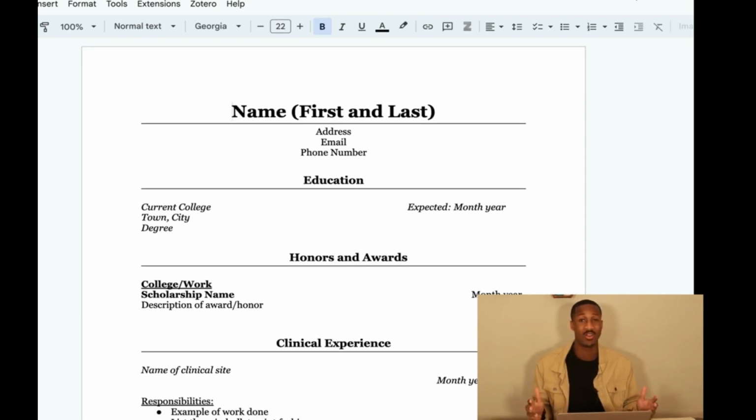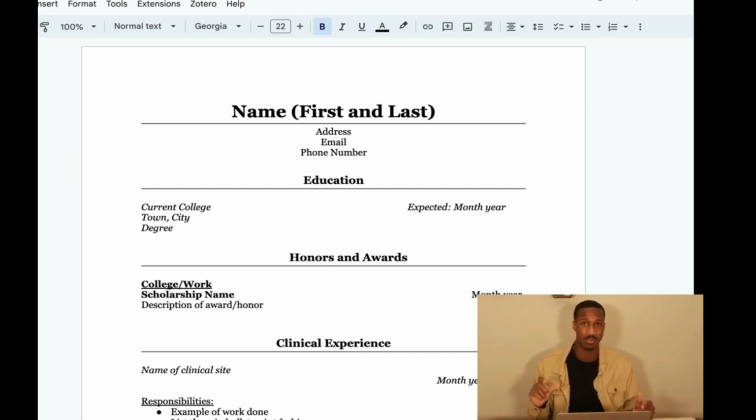All right, so now let's talk about the CV. And before we get into the CV, one thing that I always mention is that there's a difference between a resume and a CV. A lot of times people think that they're the same thing. They're different. A resume is going to give you highlights of what you've done in the past.